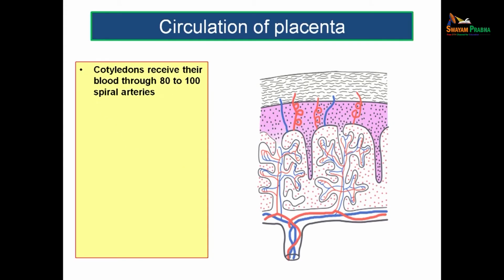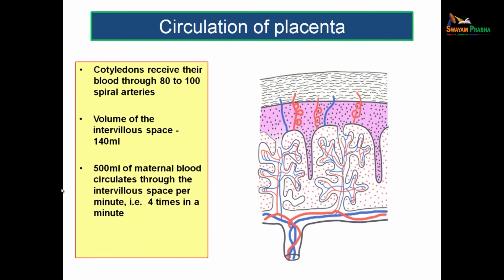Now let us consider how the blood from the mother circulates into the placenta. We know that there are maternal cotyledons, and these receive blood through 80 to 100 spiral arteries. So roughly 80 to 100 spiral arteries are feeding the placenta with maternal blood into the intervillous spaces. The entire volume of the intervillous space is roughly 140 ml, and 500 ml of blood circulates through the intervillous space per minute.